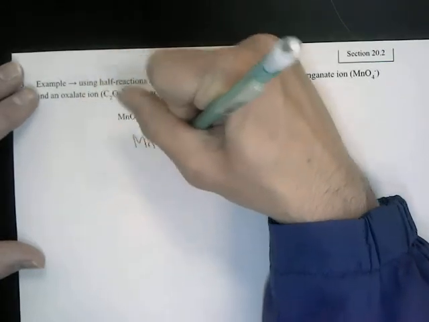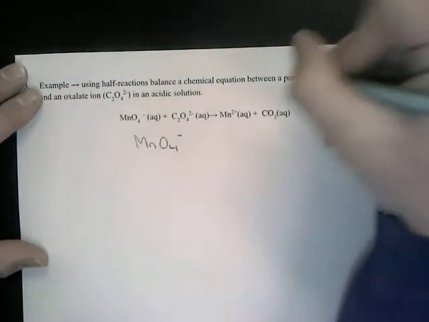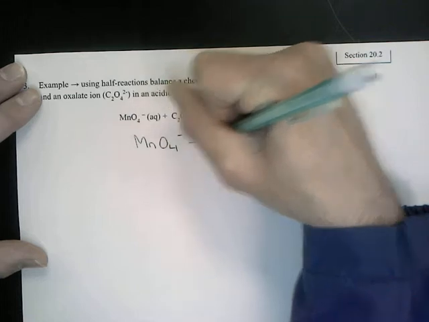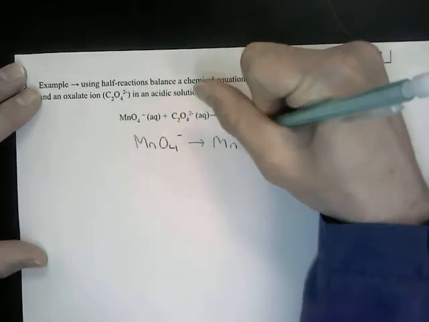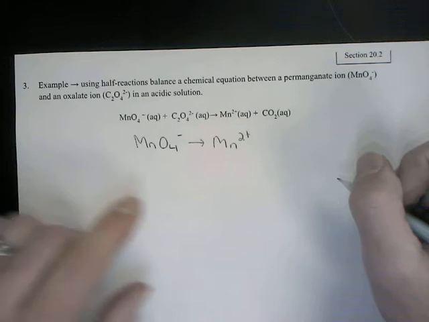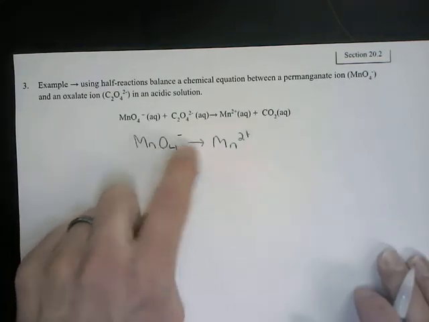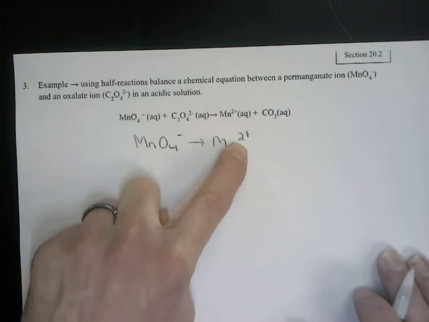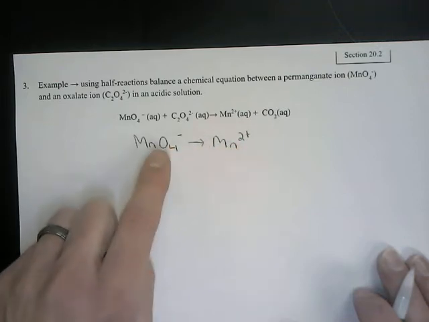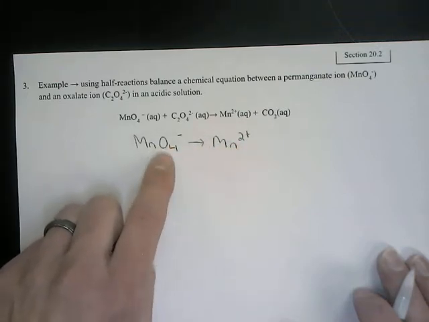So we break apart MnO4- to Mn2+. Now, we don't need to write this down, but Mn here went from a 7+ charge to a 2+, so that means it gained electrons. This is our reduction half reaction.